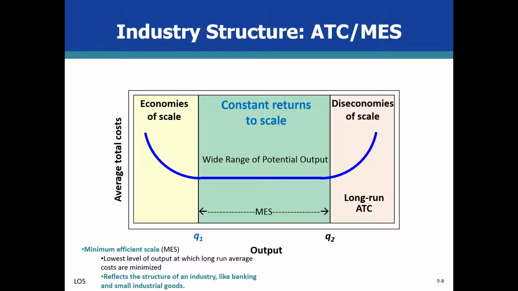Thus, in this industry structure, there can be a number of different sized firms generating the same average total cost. There is a minimum efficient scale that can be achieved at a relatively low level of production. Small regional firms can have the same average total cost structure as larger firms covering a wider area.